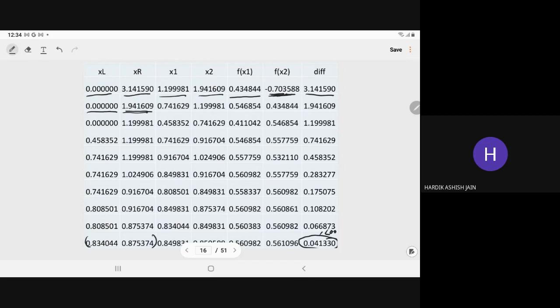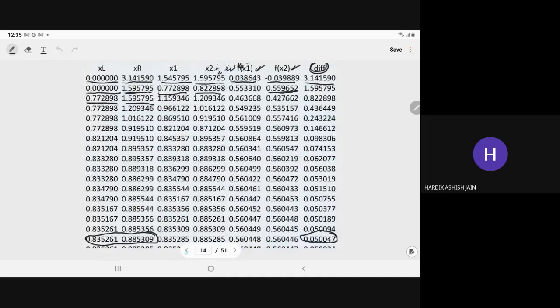So here you can observe that in the golden section method, we perform the first iteration, second, third, fourth, fifth, sixth, seventh, eighth, ninth iteration, and in the 10th iteration you have achieved your stopping criteria.